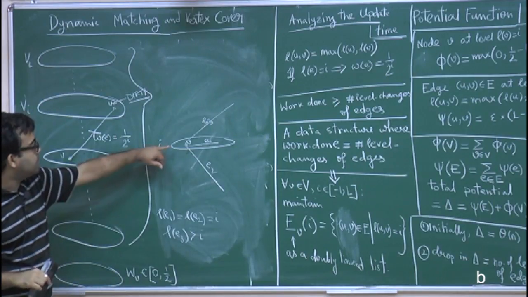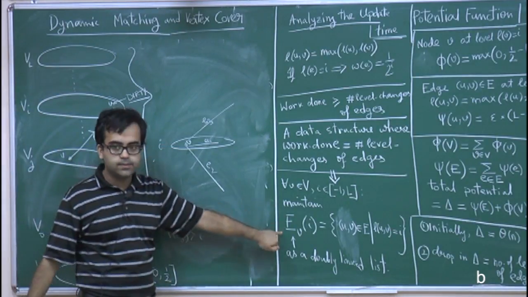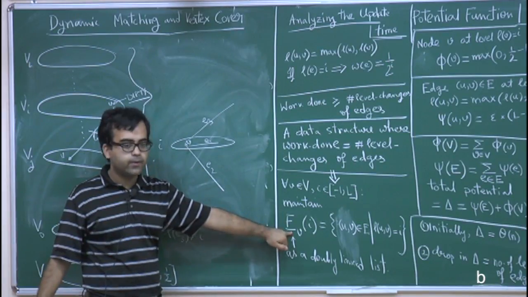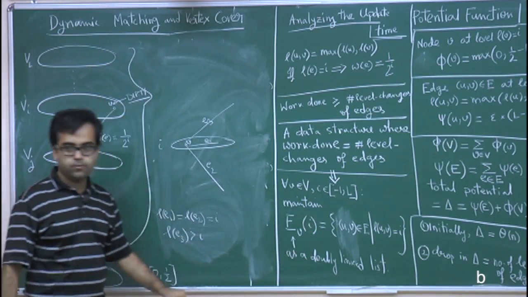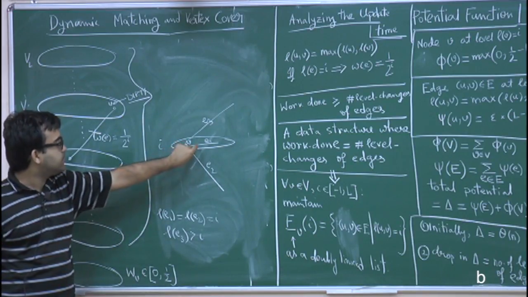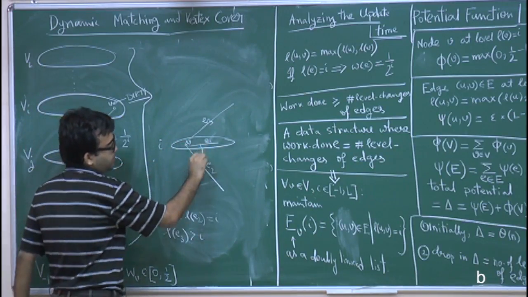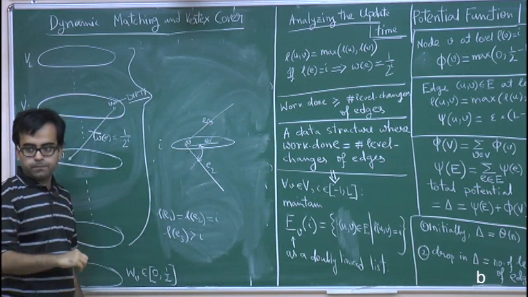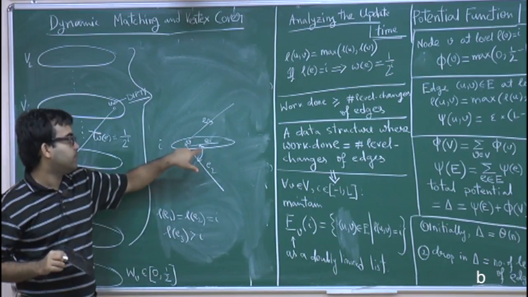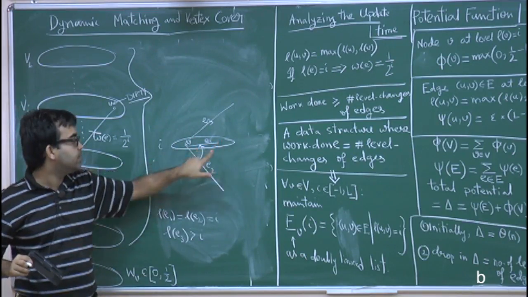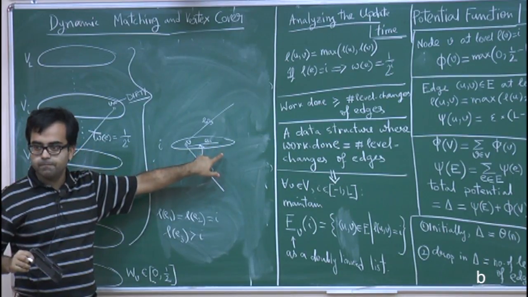So, if you fix a node v at level i and look at this list, what you will find is that these lists are empty from level i minus 1 downward. In level i, E_v(i) just denotes the set of edges going down from v, and by down I mean weakly down, meaning that an edge of this form whose other endpoint is in level i also belongs to E_v(i).